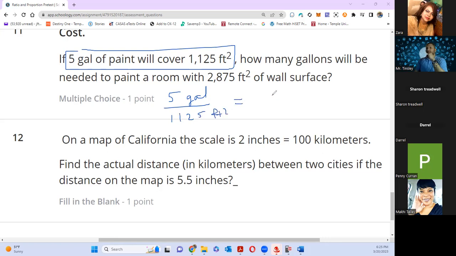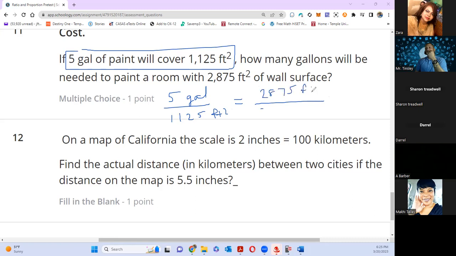Then on the other side, you put X and 2,875. Top or bottom? You can put it on the top. 2,875 over X. 2,875 feet squared.